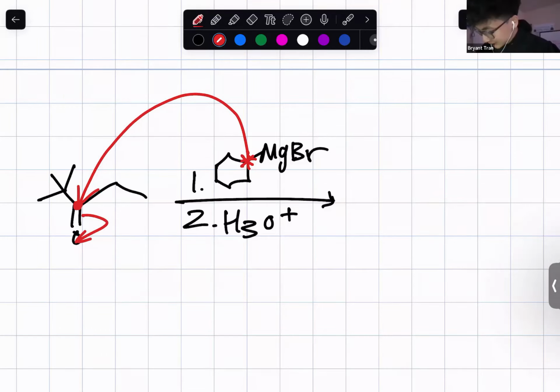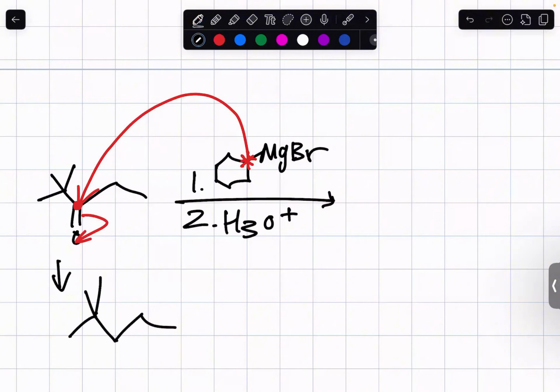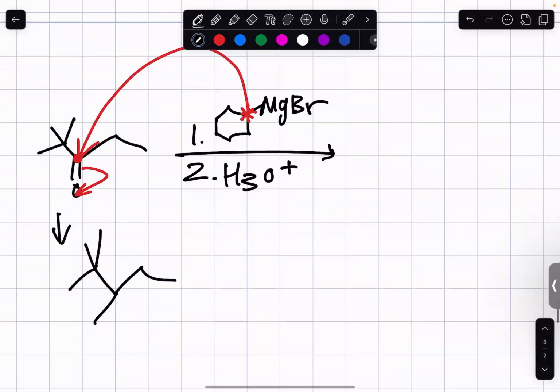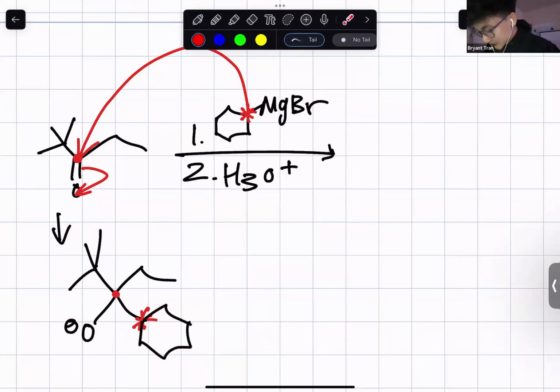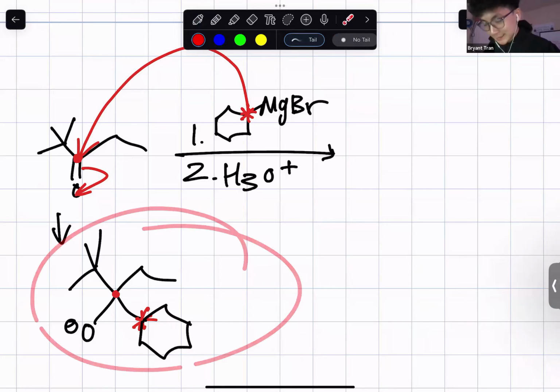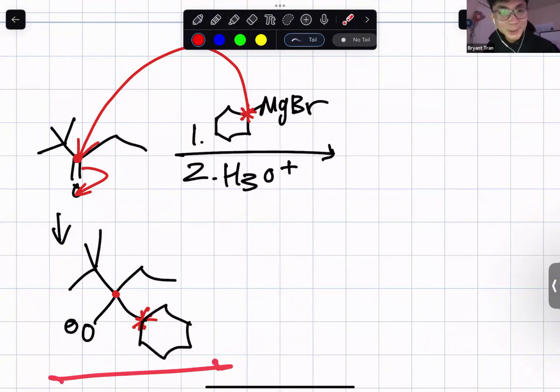Yeah, there you go. And then I did my arrow, and then I drew it out, and then I used H3O to make it a water. Did you draw it out like this? Because this is the part where some people add an extra carbon by accident or lose a carbon by accident. Did you add an extra carbon or did you draw exactly like this?